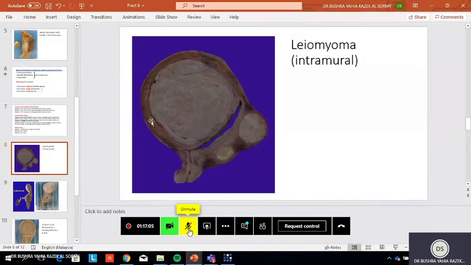Okay, so how to describe this? Well circumscribed, right? Well circumscribed means rounded. Well circumscribed gray whitish tumor measuring blah blah. The cut surface is homogeneous or heterogeneous? Homogeneous. And also the consistency is very firm.